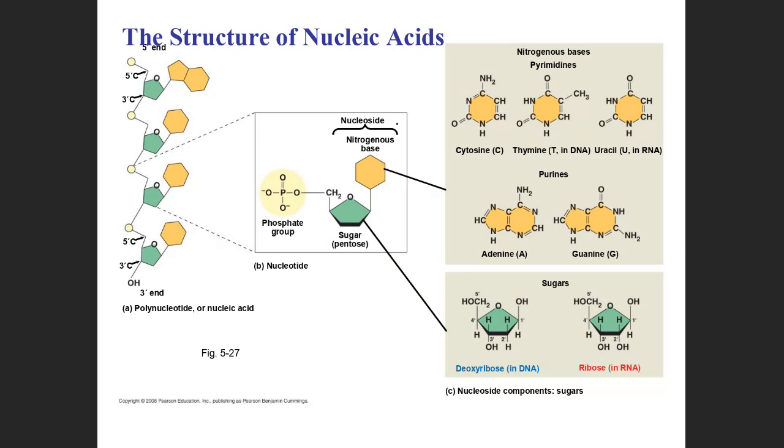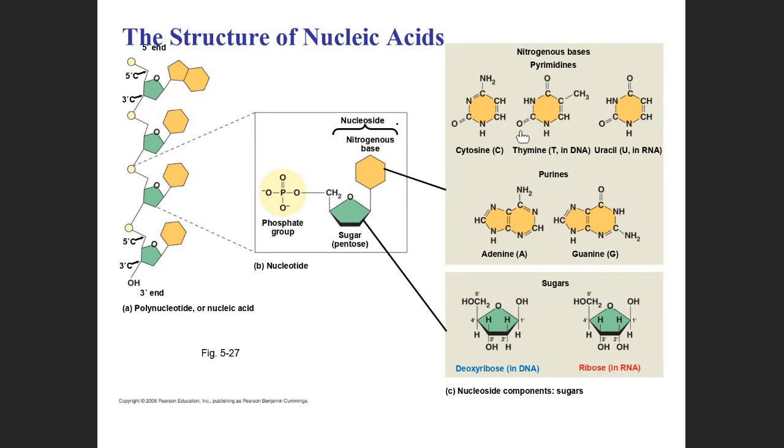But nucleic acids, DNA and RNA, are extremely important. They store all the genetic information in a cell that's needed to create a new organism. And so nucleic acids are made up of nucleotides. A nucleotide has a phosphate group, a pentose sugar, so it's got ribose for RNA and deoxyribose for DNA, and then a nitrogenous base, our A, T, G, C, and in the case of RNA, U. So we have our pyrimidines, cytosine, thymine, and uracil.